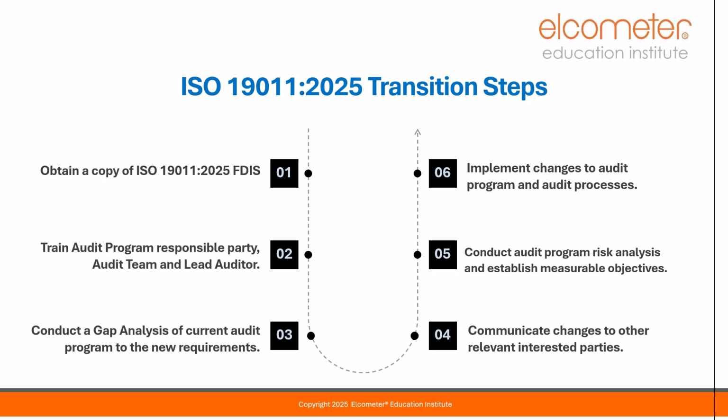Conduct a gap analysis of your current audit program to the new requirements. Communicate those changes to any other relevant interested parties. Conduct an audit program risk analysis and establish measurable objectives, and then implement those changes to your audit program and your audit processes.